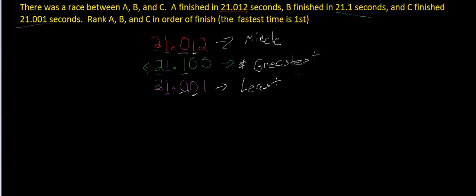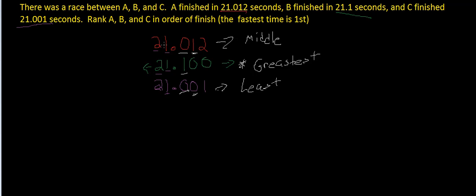Now, we're still not done because it's a time. When we're talking about time, we want the fastest. They said the fastest time is first. I'm not going to just write that since this is the greatest, he got first. Remember, with time, it's backwards. A lower number means you've done it faster.